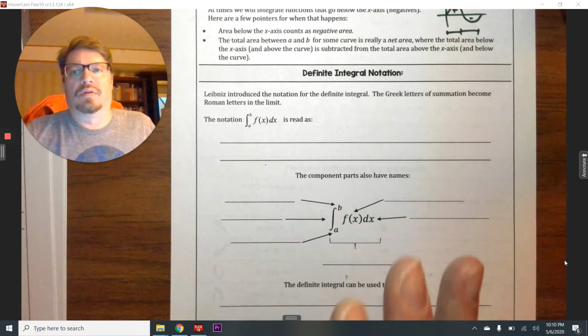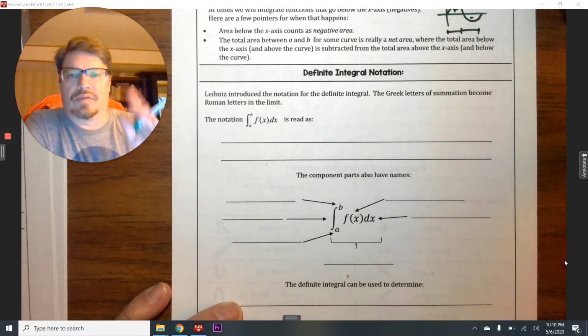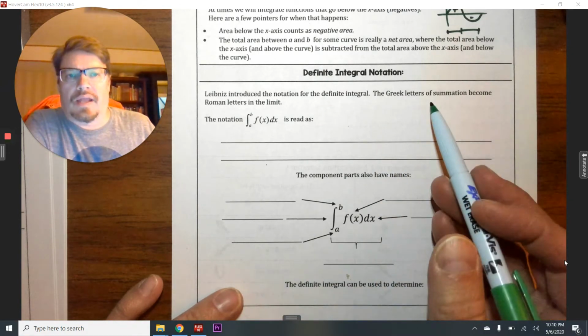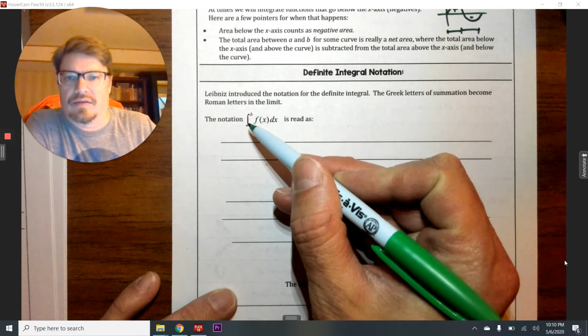Okay, so Leibniz introduced the notation of the integral here. Isaac Newton's looks a little janky. The Greek letter of summation actually became a Roman letter in the limit, so this is kind of like an S, for sum.